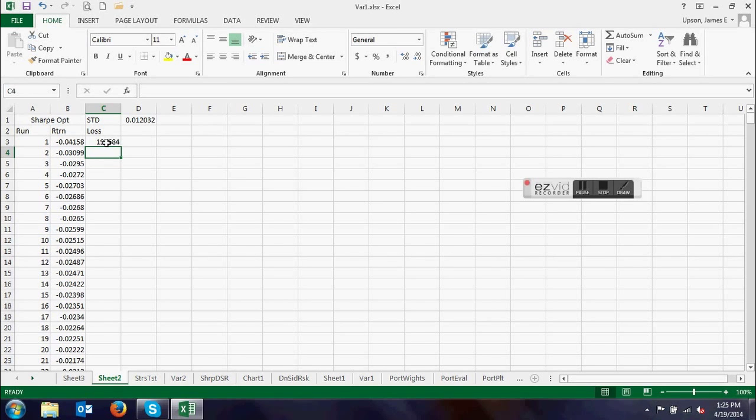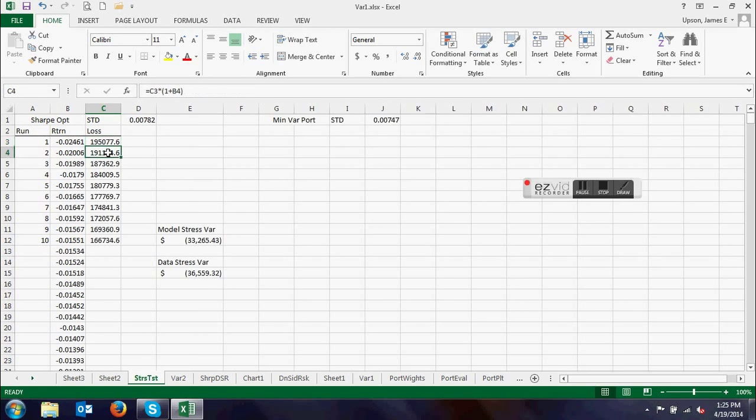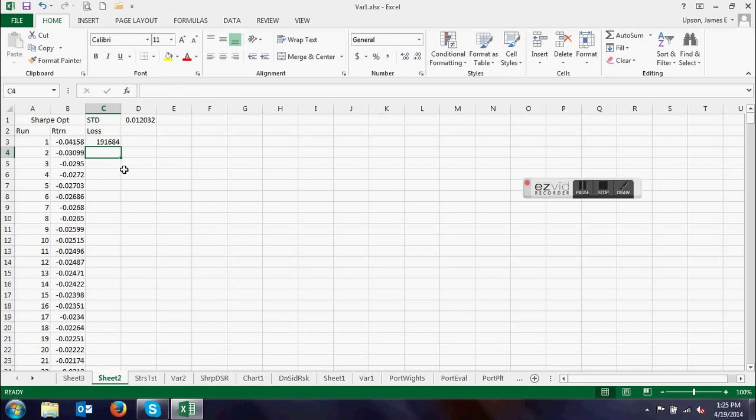Okay, so as we show here, our second day's loss is the previous day's ending value times 1 plus today's loss. Okay, so in this case we're going to go here, and it is equal to previous day's ending value multiplied by the quantity of 1 plus our loss. And then we can drag this one down through 10 days.